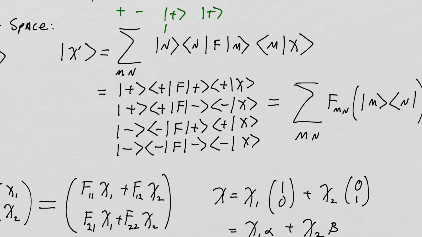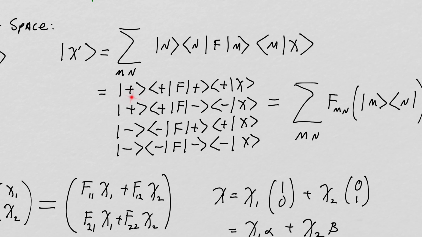That's just a way of saying we're summing over these 4 things. In fact, you could just write down, m goes from plus, minus, and n goes from plus, minus. So you're just summing over those 4 states. So actually, I literally did it right down here, didn't I? We showed the entire sum, right?